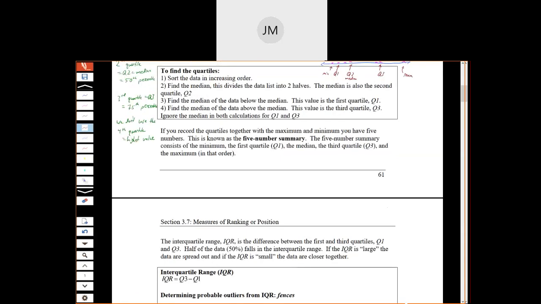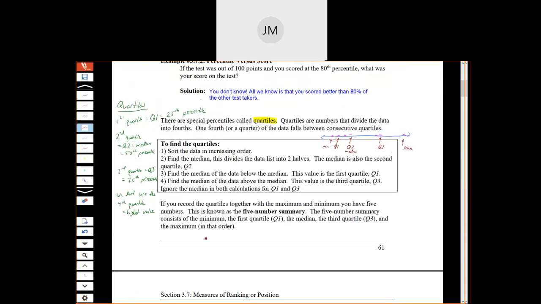When I look at this visually, in between the first quartile and the third quartile, to go from the 25th percent to 75th percent, that's half of the data. So let me mark this on here. This is half the data, and in particular, it's the middle half.